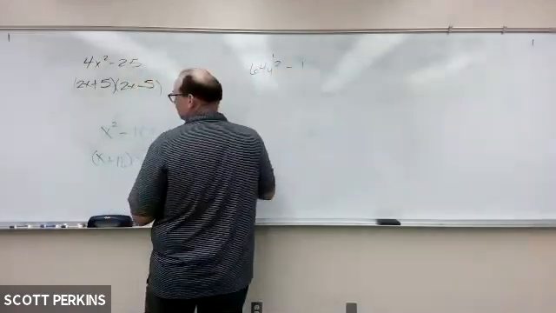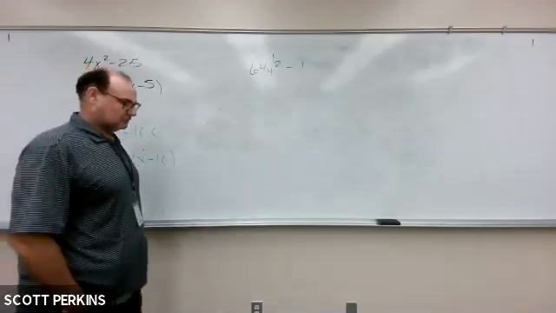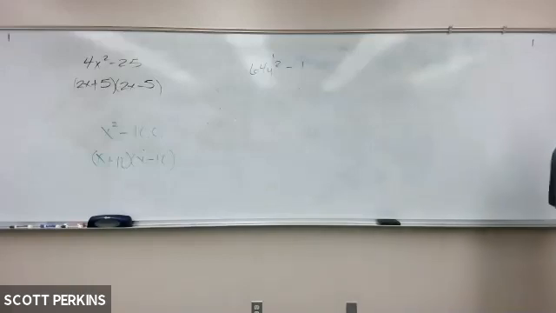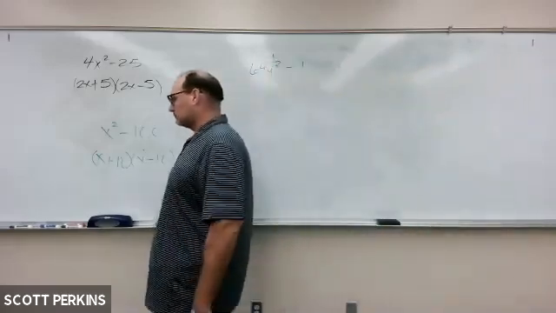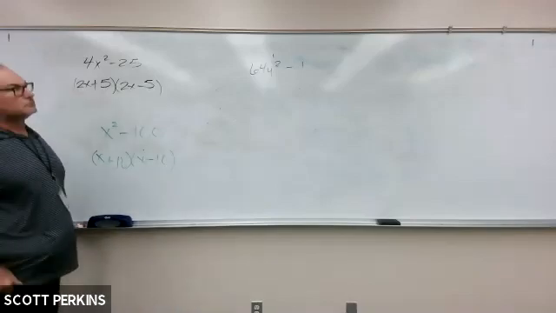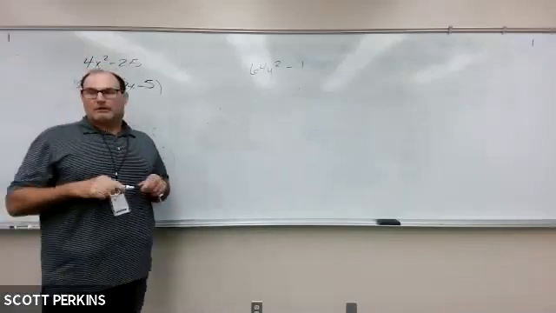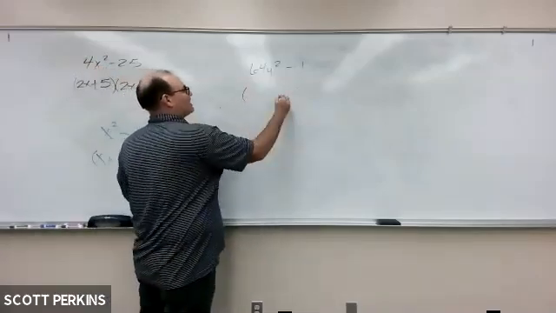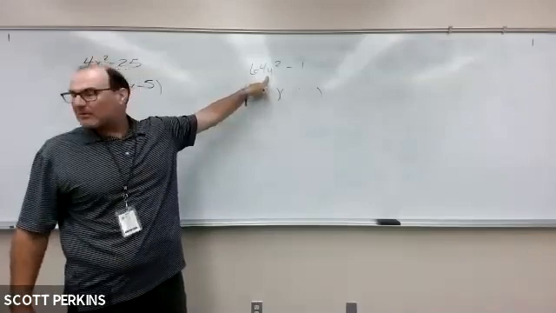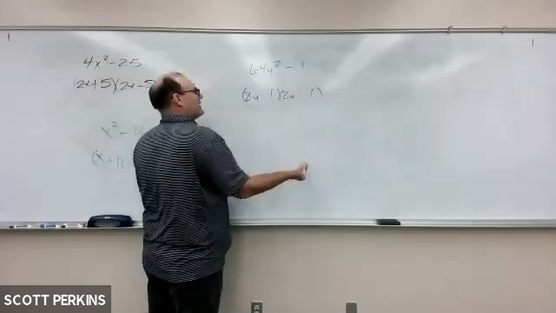64y squared minus 1. Well, 64y squared is what times itself? 8y times 8y, that is indeed true. 1 is what times itself? 1 and 1, and then one negative, one positive.